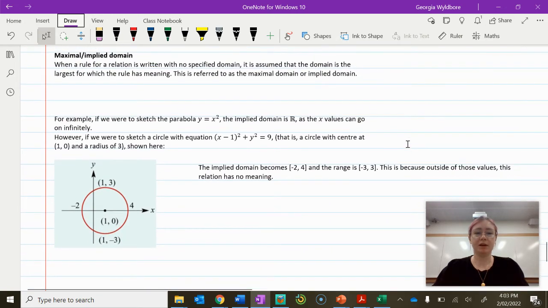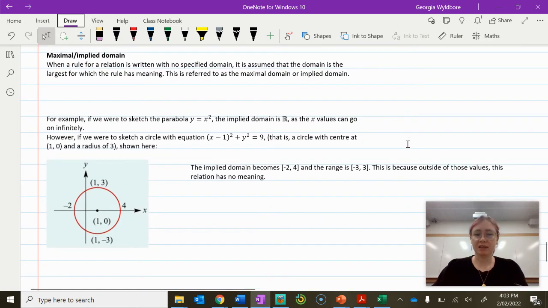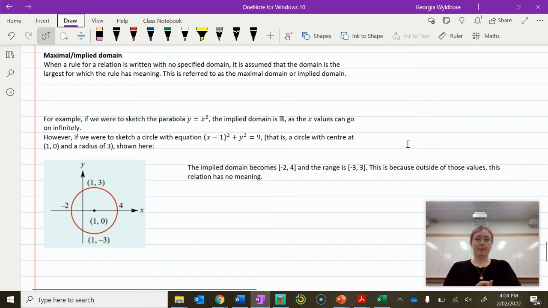Now, we can have something that's called a maximal or an implied domain. When some kind of equation is written without a domain being specified, we assume that the domain for that relation is as large as it can be while still having meaning for the rule. We call that the maximal domain or the implied domain.